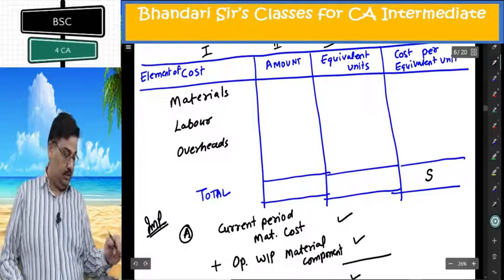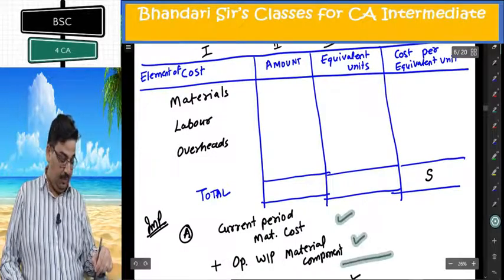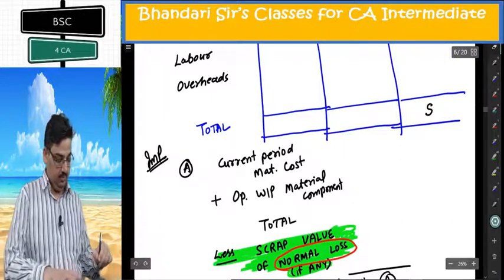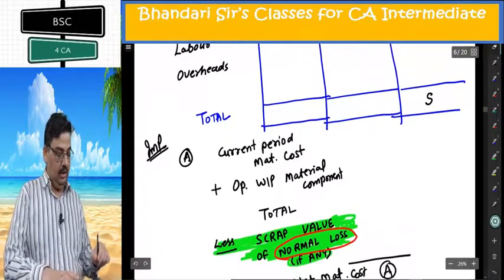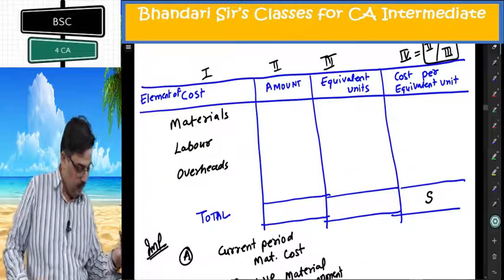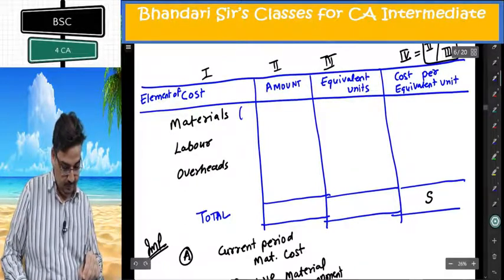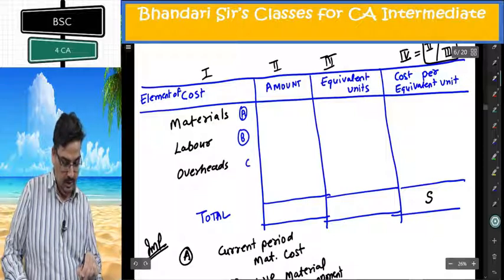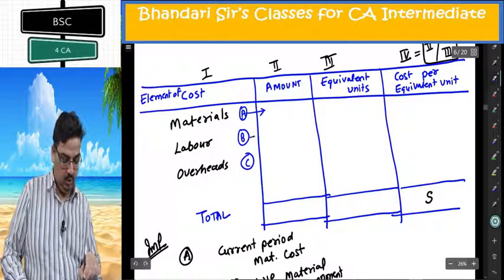Now in this, everything applicable, so I am going to make ABC calculations. Calculation A. I can refer here A, B, C for the amount columns.